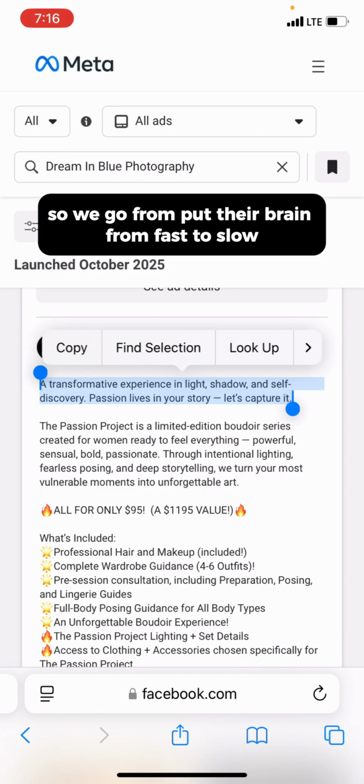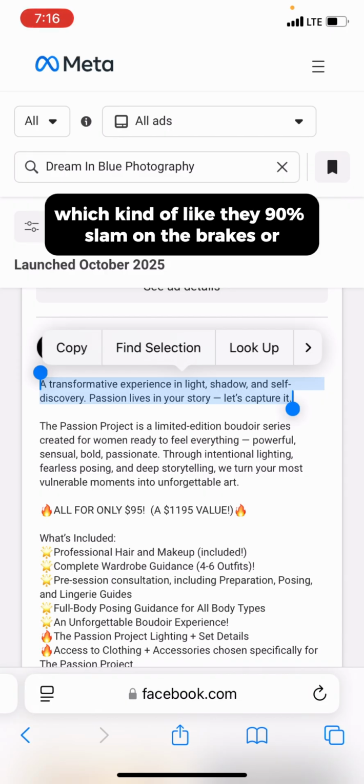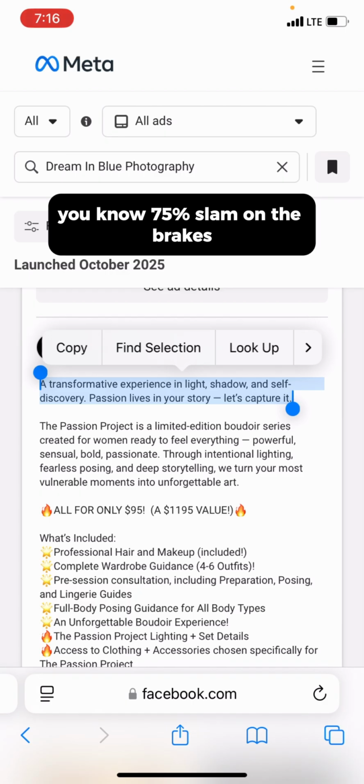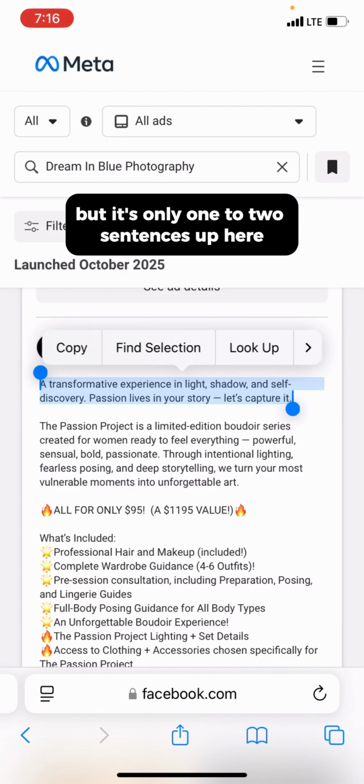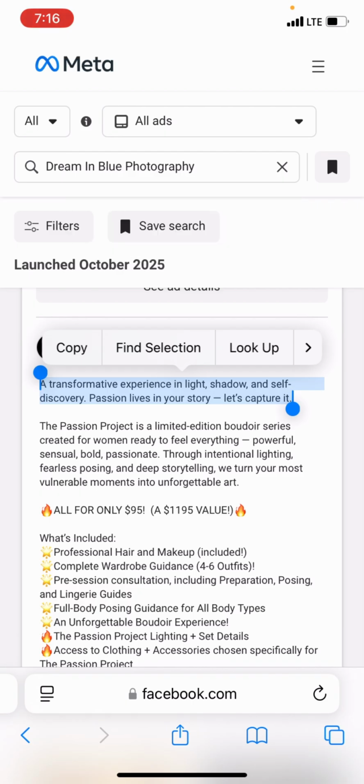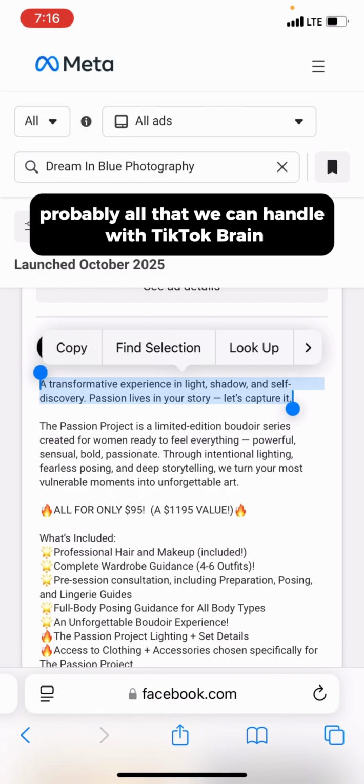So we put their brain from fast to slow, which is kind of like they 90% slam on the brakes, or 75% slam on the brakes. So pretty abrupt, but it's only 1 to 2 sentences up here. Not probably all that we can handle with TikTok brain.